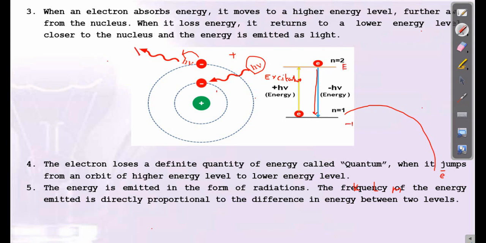For example, when an electron comes from a higher to a lower energy orbit and emits a photon, this is an energy packet, and I am discussing the frequency of this emitted photon. The frequency of this emitted photon is directly proportional to the energy difference of these two orbits, E2 minus E1.